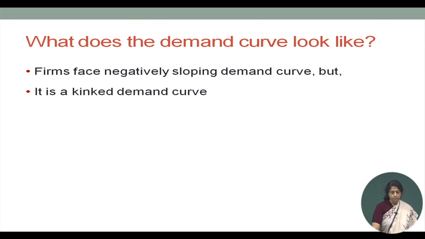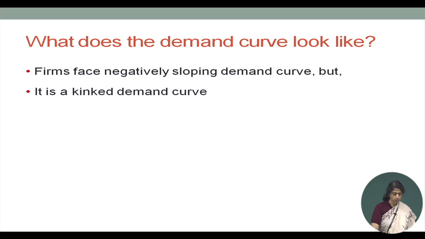Both of them, it could be product differentiation, it's very unique. Even if it is not unique, then also the barrier to entry is very high. So the demand curve is negatively sloping, but it is a kinked demand curve.